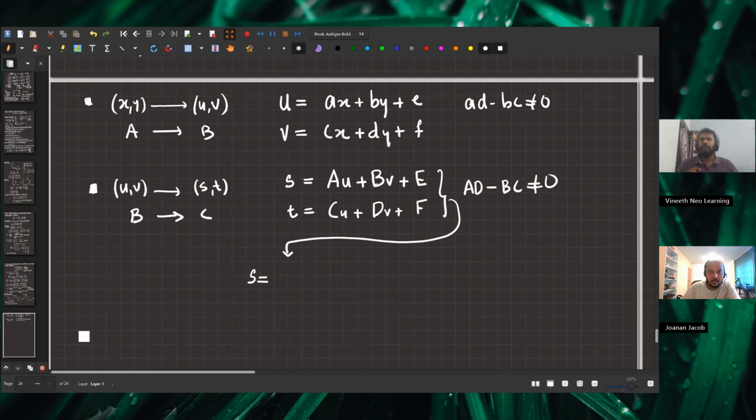So these equations become S equals... Let's give these equations numbers. This is 1 and this is 2.